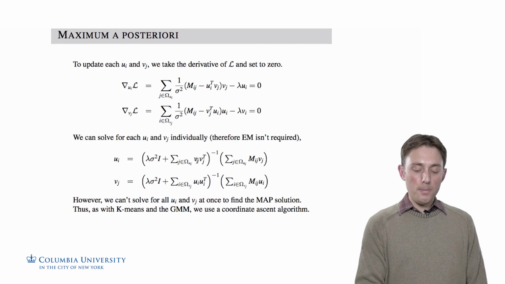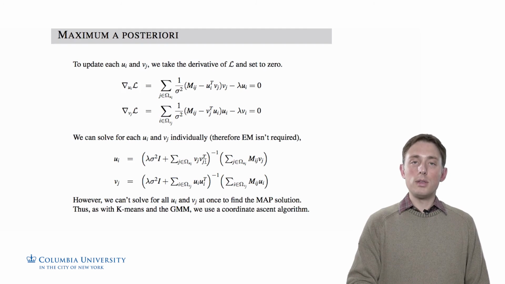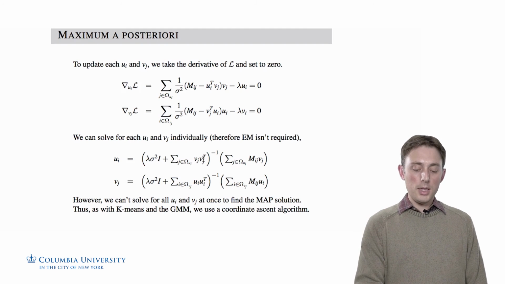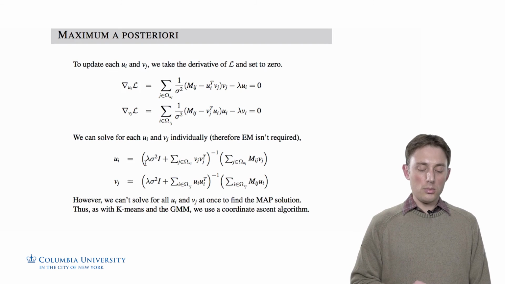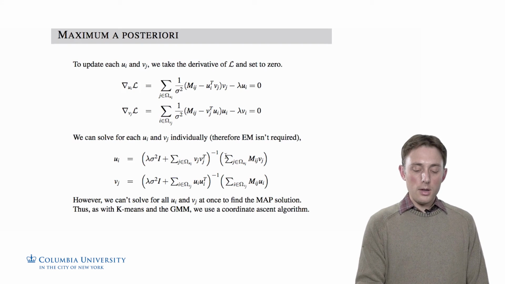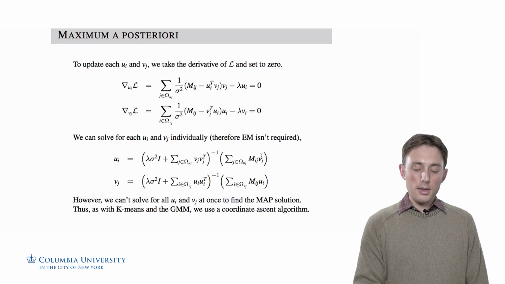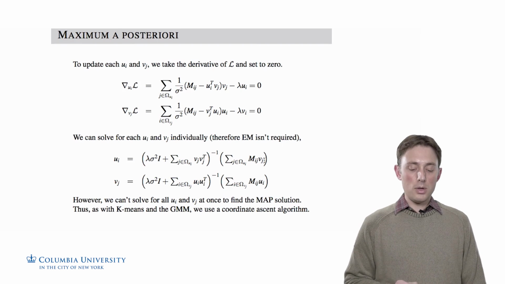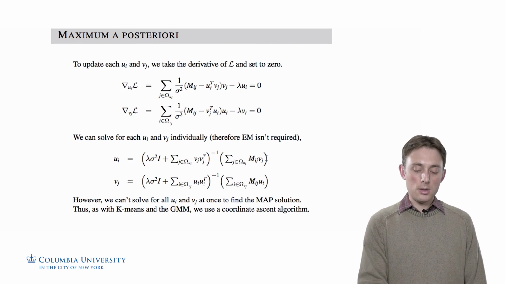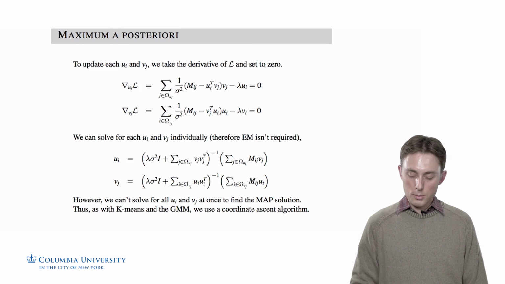We have a sum of the outer product of all of the locations of the objects that user i has rated, plus this additional term. We take that matrix and invert it, and we multiply it by the vector we get by taking the location of each object that user i has rated and multiplying it by the rating and summing those up. And that's the update for u_i that maximizes the objective.